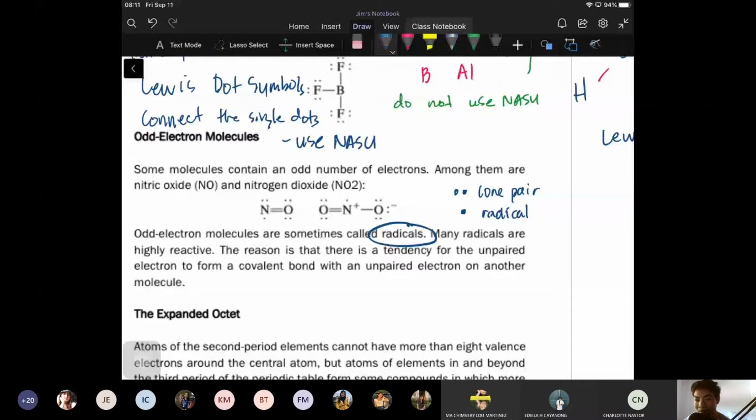Totoo yun. Our body can sometimes have these radicals, and these radicals are highly reactive. If you have radicals in your body, that can actually cause diseases, such as cancer.